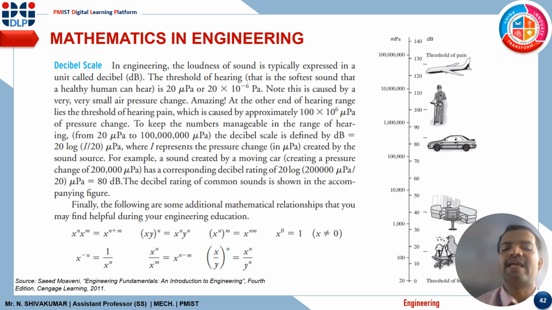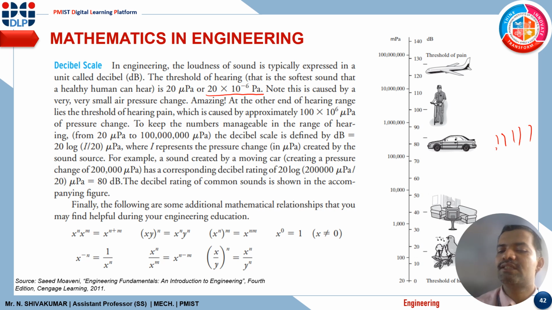Next, decibel scale. Our human ear can notice a very small amount of sound pressure. So what is sound actually? When we are speaking, we are inducing a minor pressure difference.